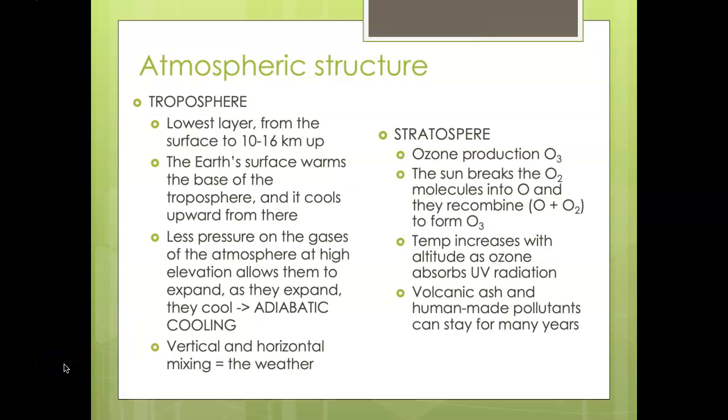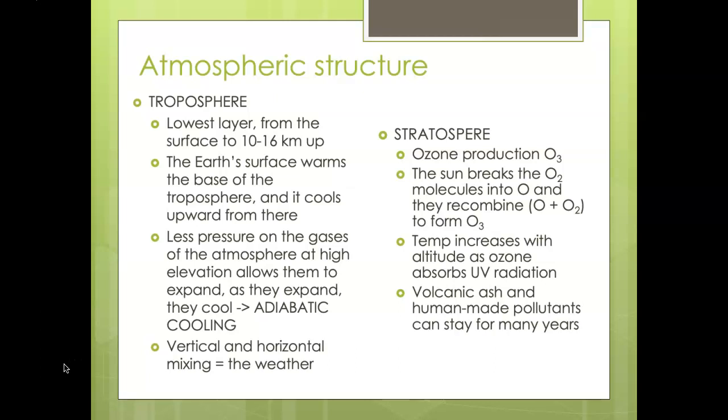Okay, the troposphere. This is the layer next to the Earth's surface. The Earth's surface warms the base of the troposphere, right? And it's going to cool upward from there. As altitude gets higher, there's less pressure on the gases of the atmosphere, and at higher elevations that allows them to expand.